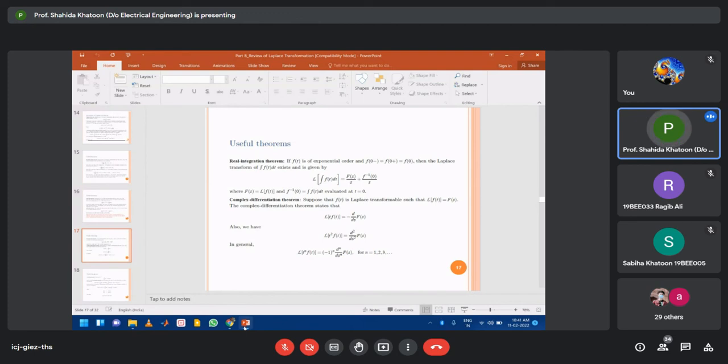So similarly, the Laplace transform of t f(t) is minus d by ds of F(s), and the Laplace transform of t square f(t) is d2 by ds2 of F(s). Okay, so you can continue this process for the Laplace transform of t^n f(t) as minus 1 to the power n, d^n by ds^n of F(s), where n varies from 1, 2, 3 up to any value. So note down these also.